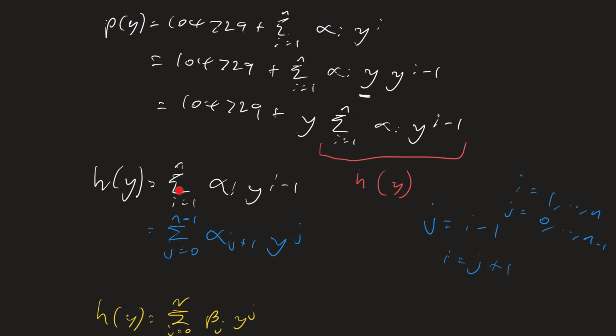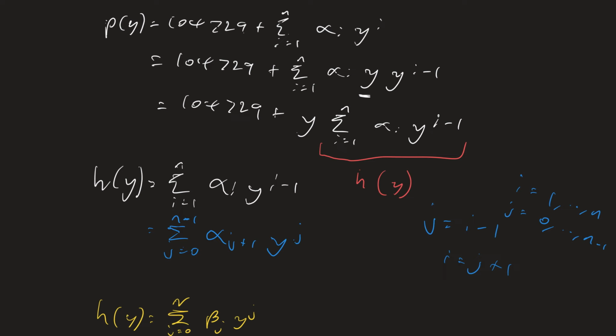So rather than i going from 1 to n, my j is going from 0 to n minus 1, but I can recover my i simply by adding 1 to j. If necessary, take a particular example, take little n to be equal to 3, write this out using the dot dot dot notation, and just show that this and this give us the same result.